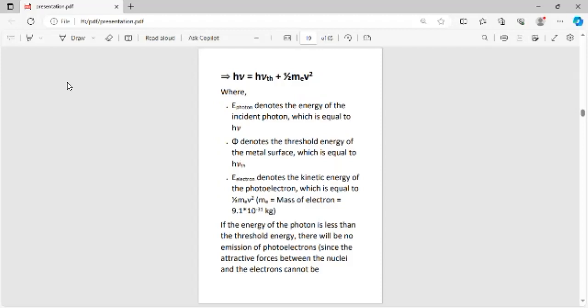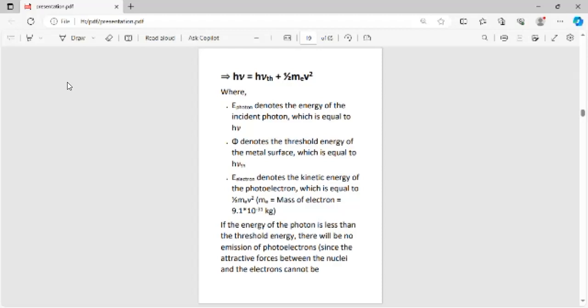where E of photon denotes the energy of the incident photon, which is equal to hf. Work function denotes the threshold energy of the metal surface. It is equal to h multiplied by the threshold frequency. Energy of electron denotes the maximum kinetic energy of the photoelectron, which is equal to 1/2 mv squared, where m is the mass of one electron, which is equal to 9.1 multiplied by 10 raised to the power minus 31 kg.